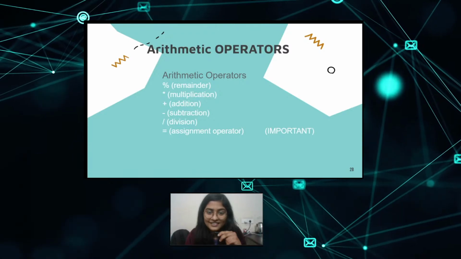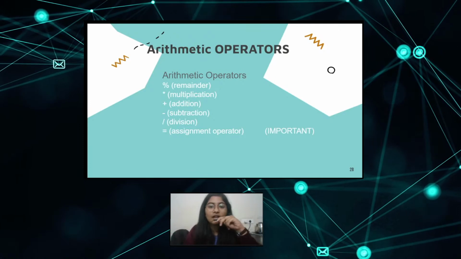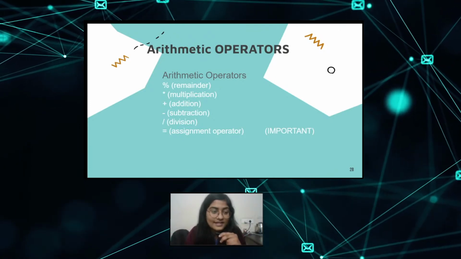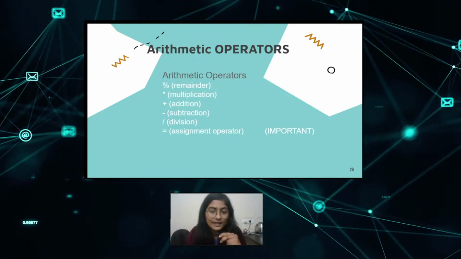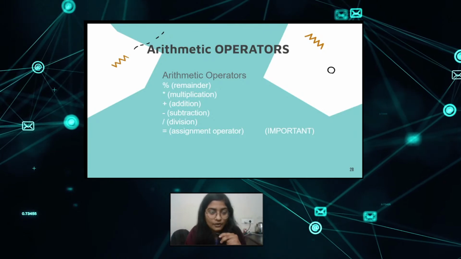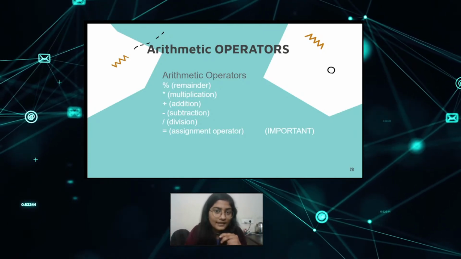We are getting different answers, 7, 0. Okay, so let me explain. If we have 7 mod 9, 7 is less than 9, so we get 7 as the answer. For example, if I ask you 3 mod 4, 3 is less than 4, so we'll always get 3 as the answer. I think it's clear.